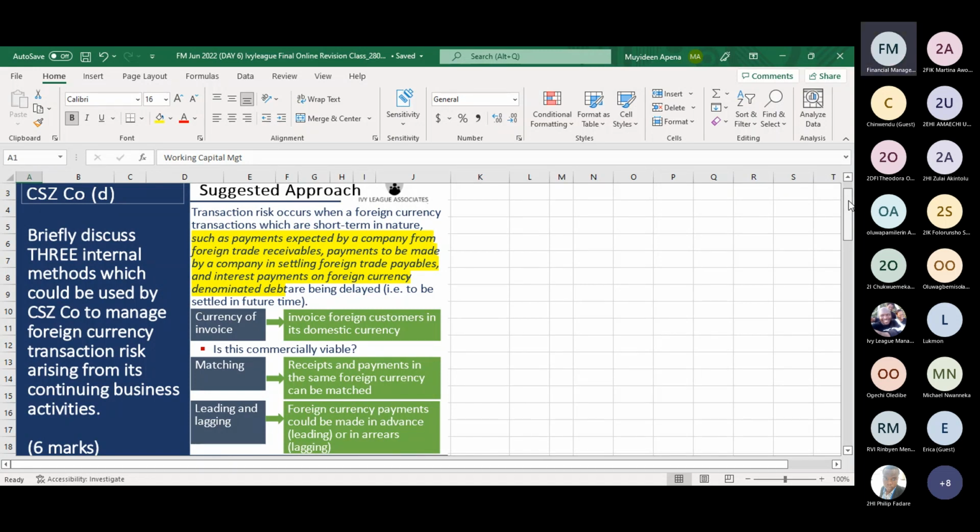So let me ask you, what other options can the company adopt here? What other method? I think you have touched on most of them.